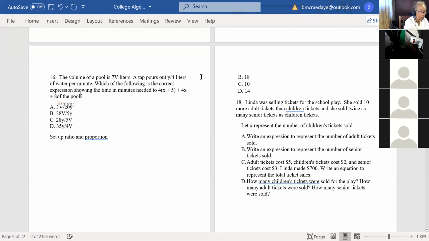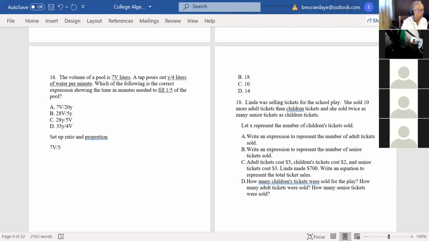Okay, so that means 1/5 of the pool. So that means 7V is divided by 5 for the 1/5. You follow? So for your ratio and proportion, you'll have 7V divided by 5.